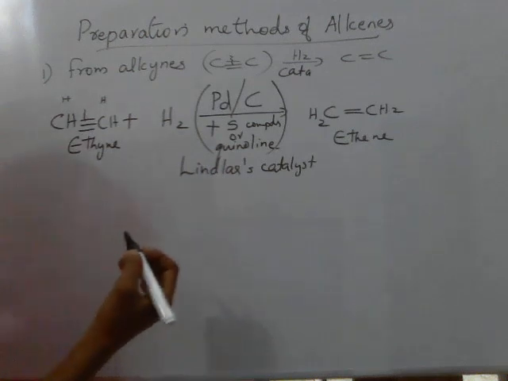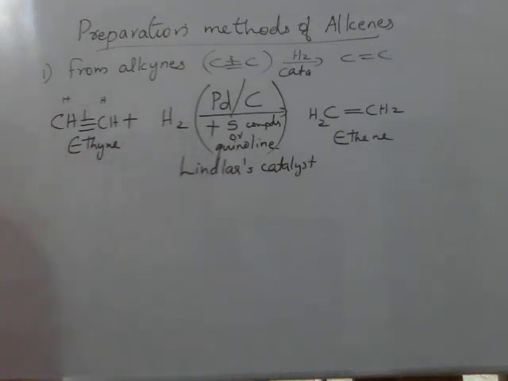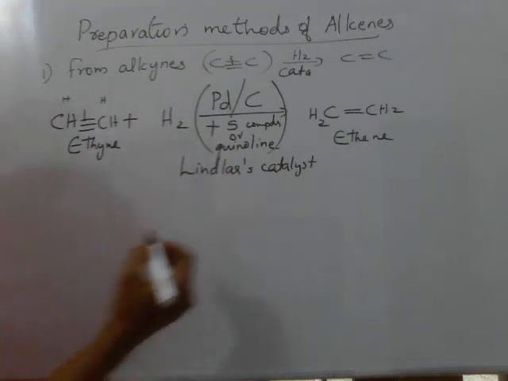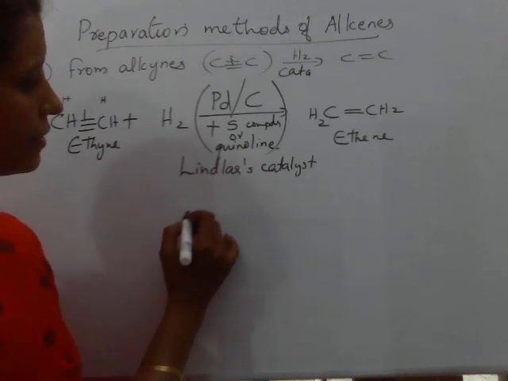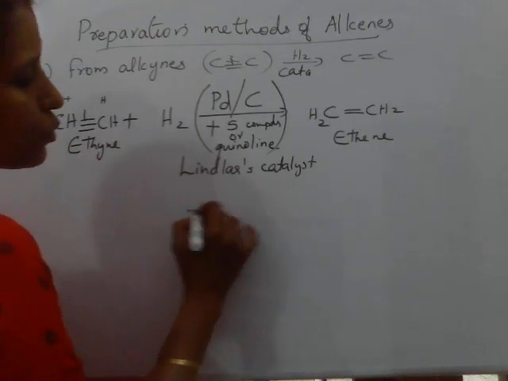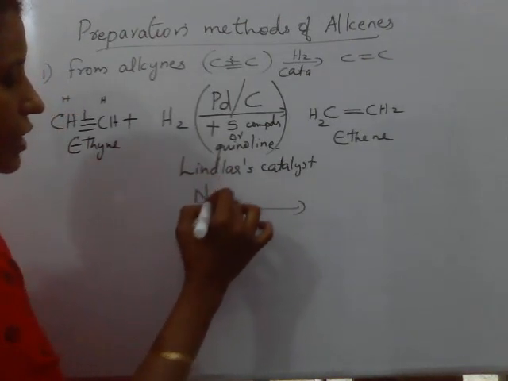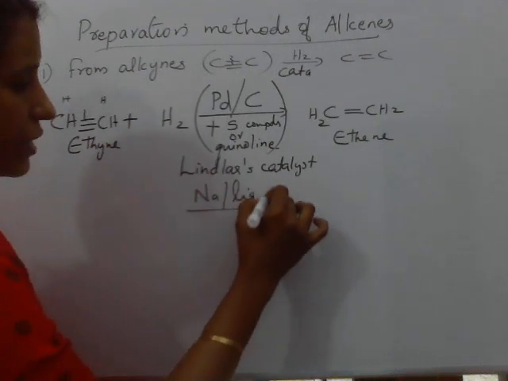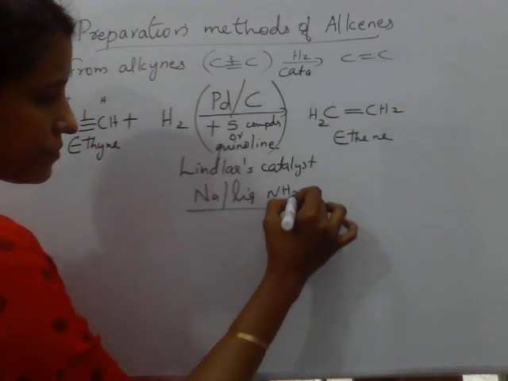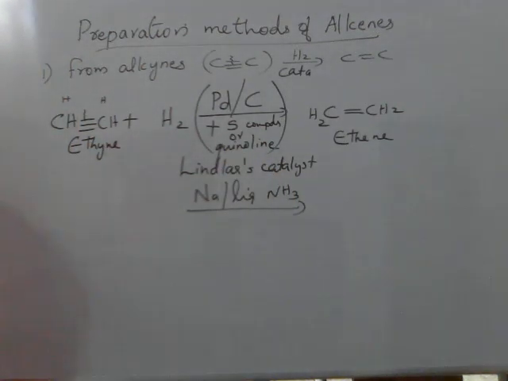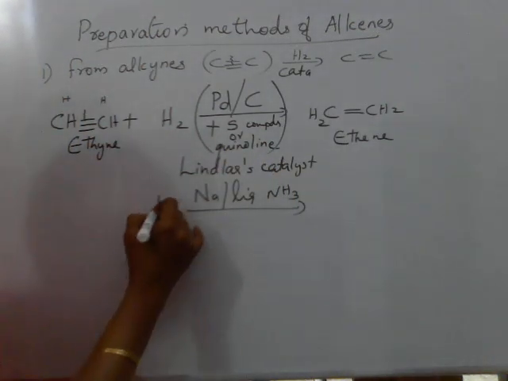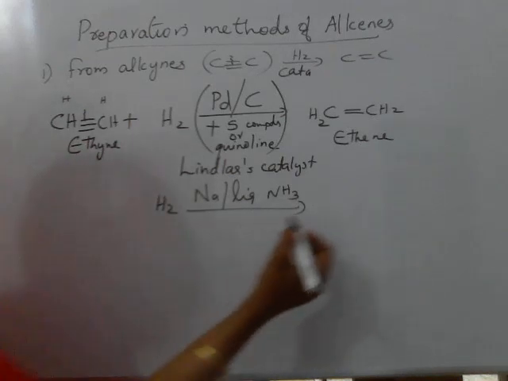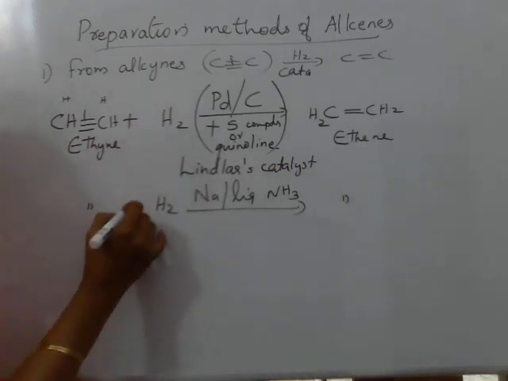Then another catalyst used in the same process is sodium. Instead of Lindlar's catalyst, we can use another catalyst, sodium in liquid ammonia. Sodium in liquid ammonia is another hydrogenation catalyst. In the presence of this catalyst also, hydrogenation of ethyne will give the same product.